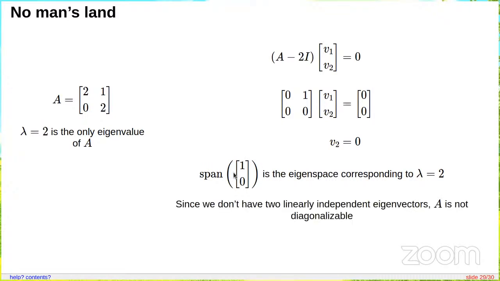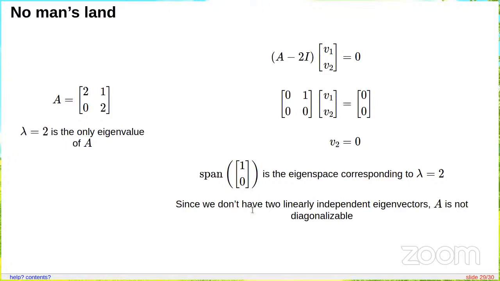Okay, now since this subspace has only dimension 1, it is just the span of some vector. I cannot pick up two linearly independent eigenvectors. And from my definition of diagonalizability, if I am not able to find a basis of eigenvectors, I cannot diagonalize that matrix.